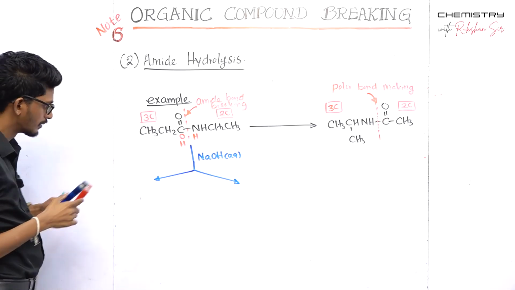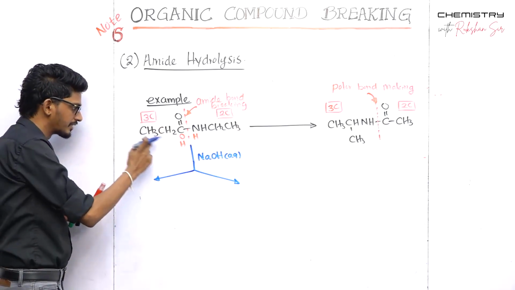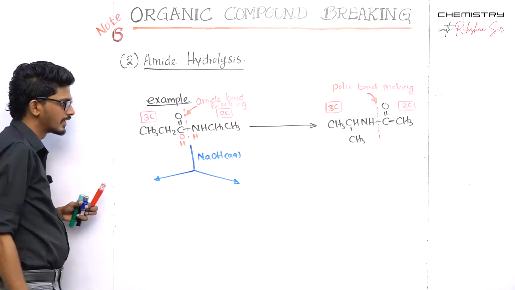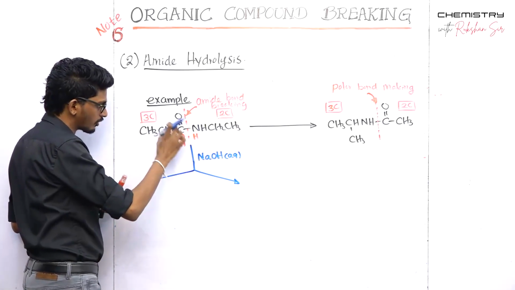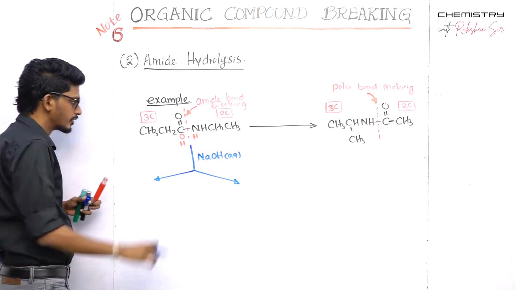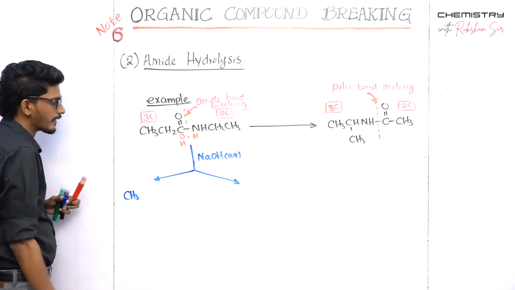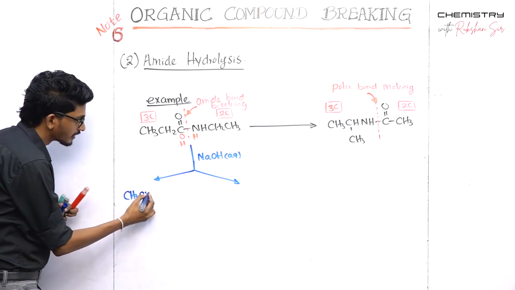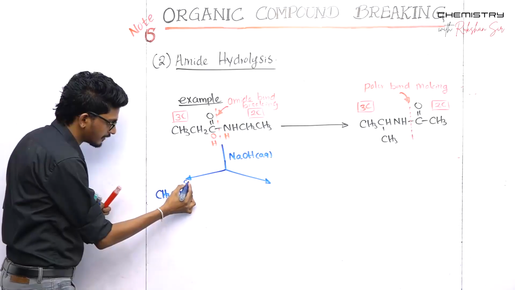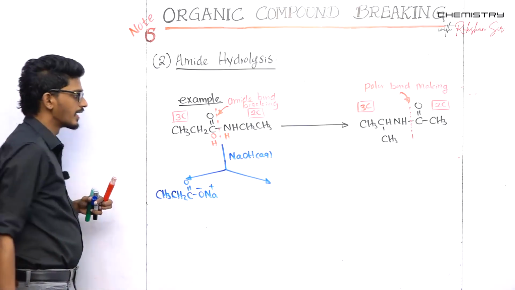What are the two compounds we are supposed to obtain? This is a carboxylic acid, but this one is a base. The acid-base reaction will occur to give you the salt. So the initial compound by the base hydrolysis of amide is going to be a salt, the sodium salt.